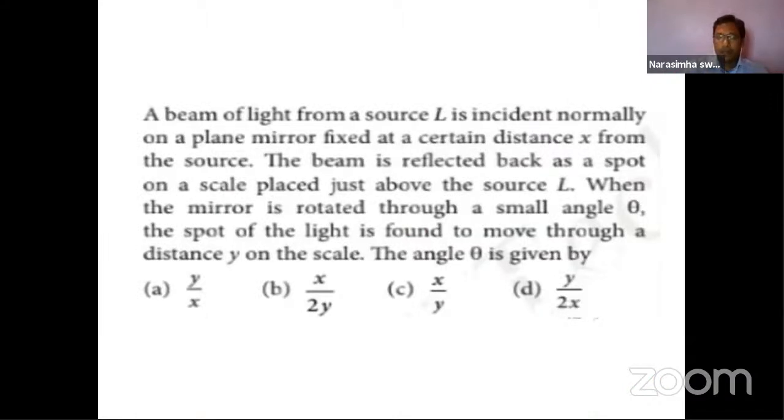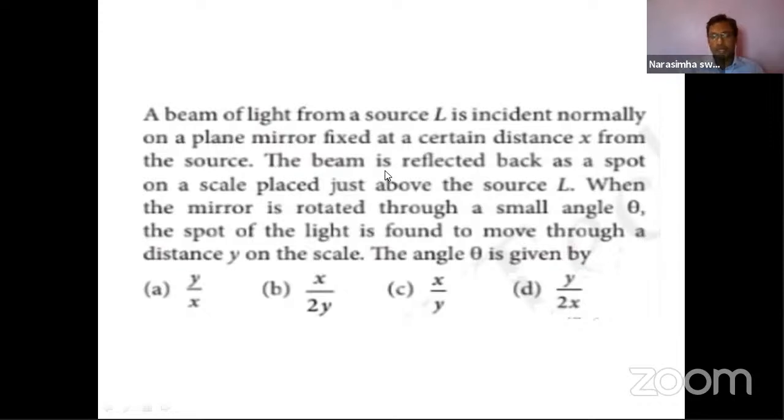Here a beam of light from a source L, let us take L to mean light, is incident normally on a plane mirror, which is fixed at a distance x from the source.